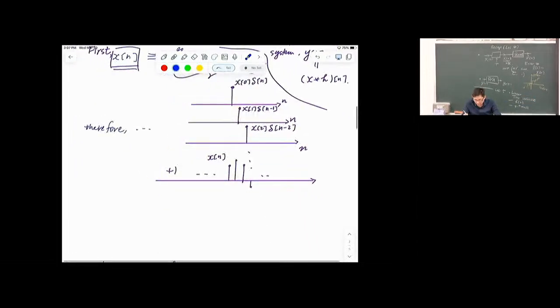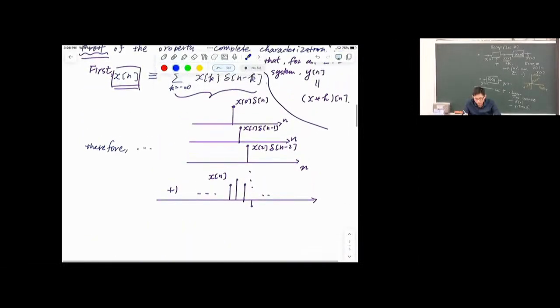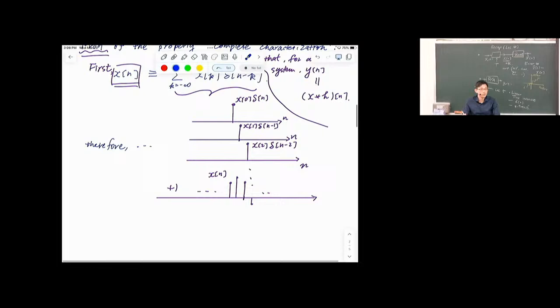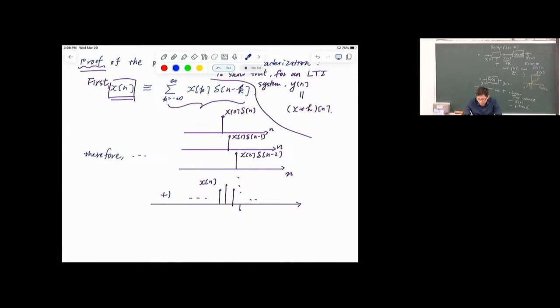And now we have some time to talk about the consequence. Yeah, big deal, we have another way to express our signal as a sum of deltas. But what is the consequence? A nice consequence is this.